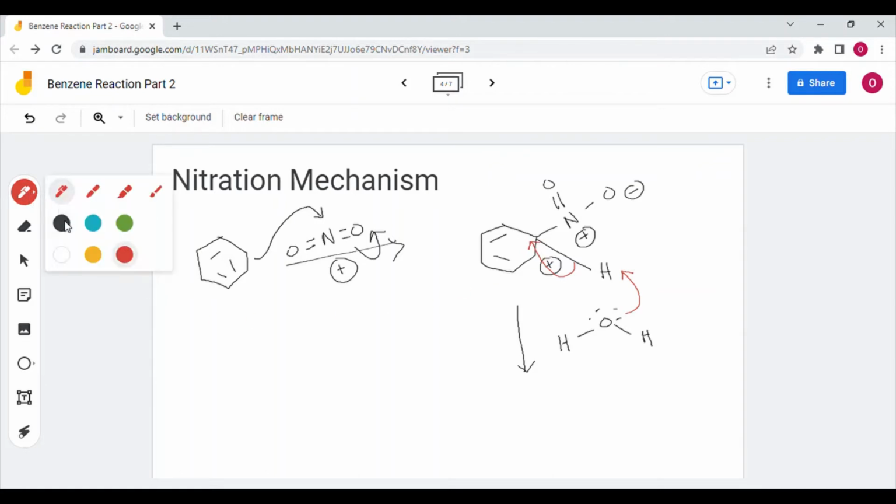So just based on those arrow pushing mechanisms, now we're going to reform a molecule that looks like this, right? And shorthand, you can just write NO2, and that is the general mechanism for nitration reactions.